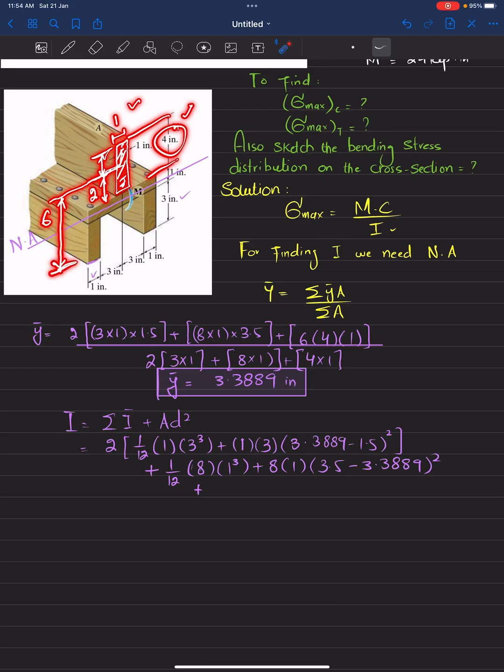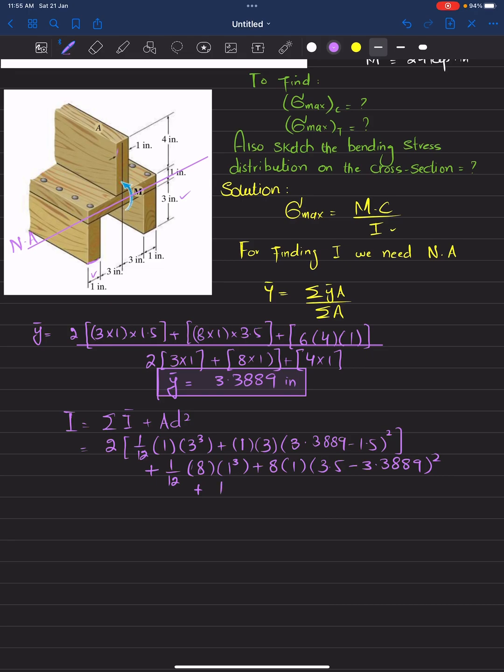So if you subtract Y from this, which is Y dash, so 6 minus Y dash, which is 3.388, it will give you the D for this portion, and this will be the D. So I will write it: 1 over 12, breadth is 1, height is 4 cube, plus 1 into 4 into (6 minus 3.3889) whole square.